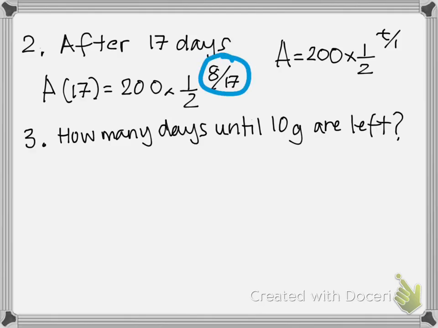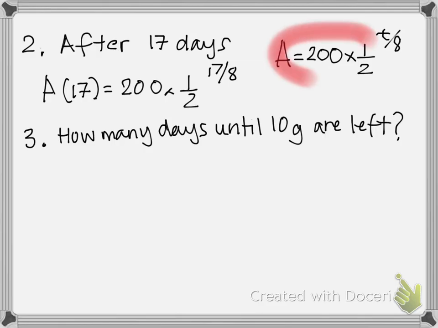This should be 17 over 8. Okay, so it's t over 8. So this will be 17 over 8. All right, and the model is t over 8. All right, so there's the model there. That's what we had on the previous page.